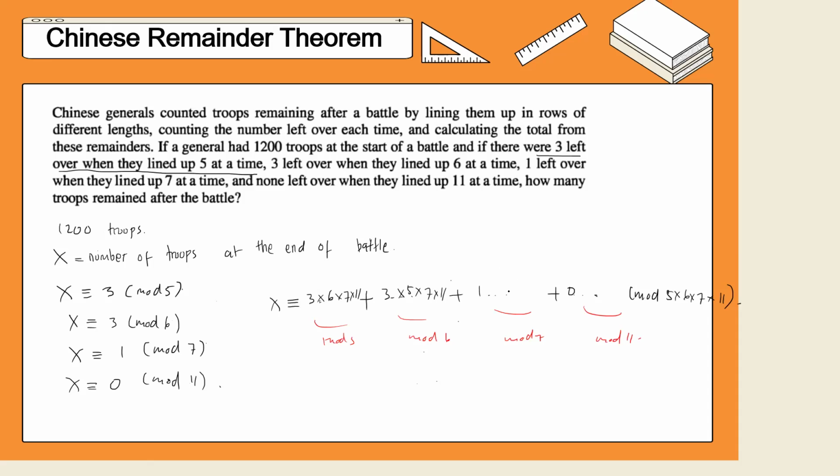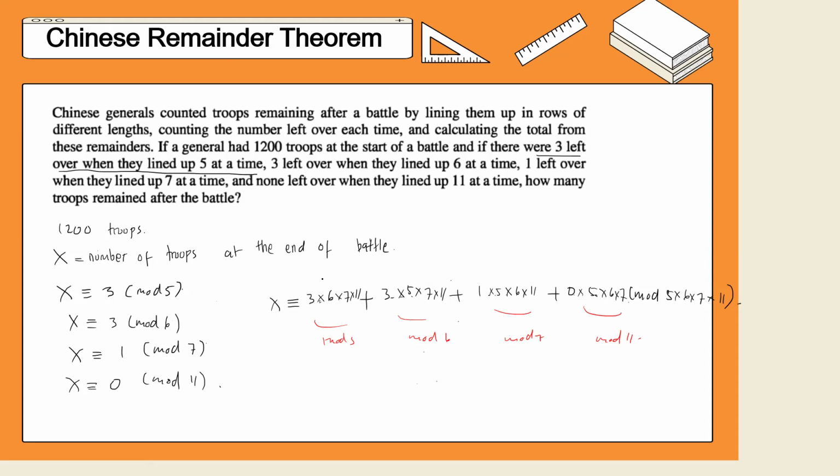This one, you multiply with 5, 6, and 11. And this one, you multiply with 5, 6, and 7. Okay, like that.